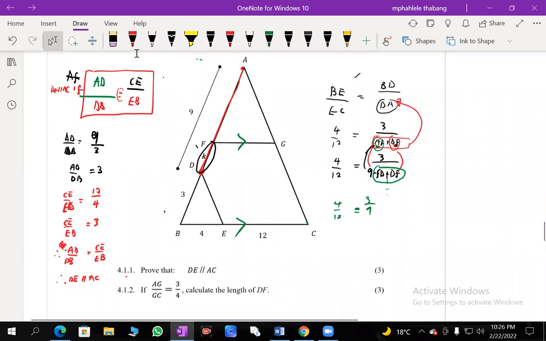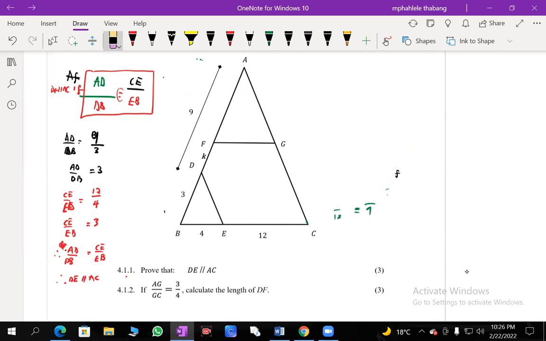Maybe we apply the converse. We want to use the converse here. Because the converse, what converse was, when we did 4.1.1, we actually used the converse of a theorem.